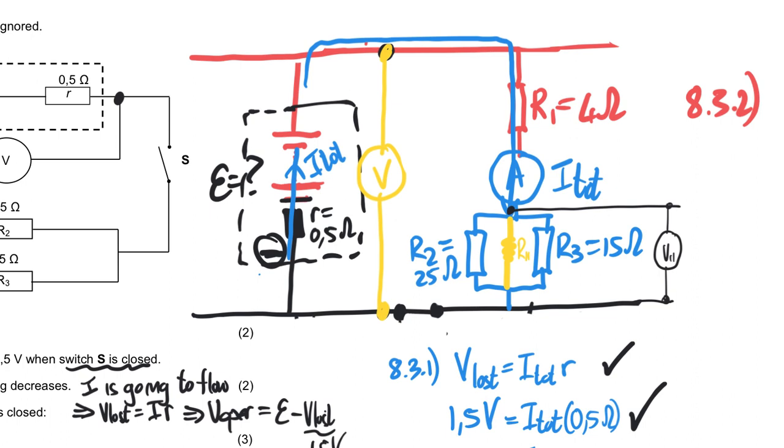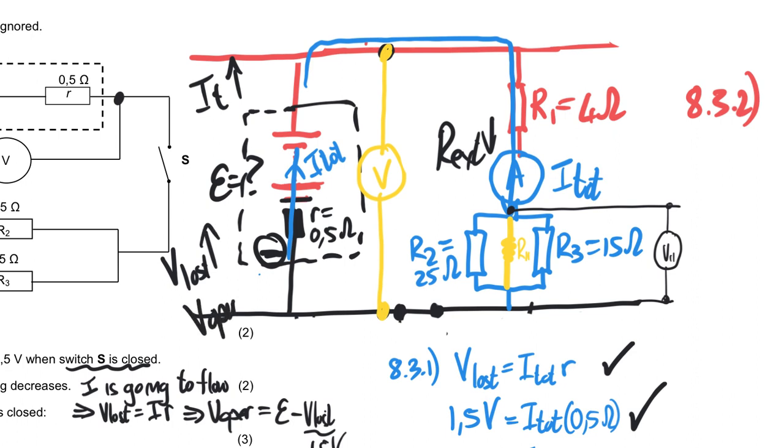So if now your external resistance is decreasing, then as we've learned in the previous video lesson, your total current would increase, which would mean that your lost volts would increase, which means that your operational voltage would decrease.